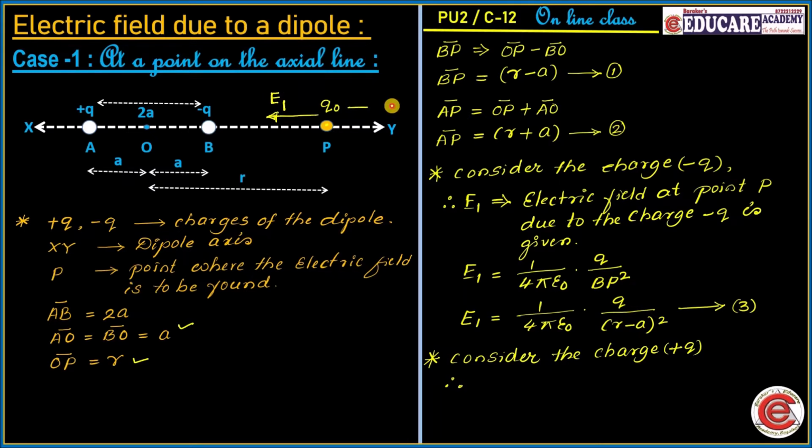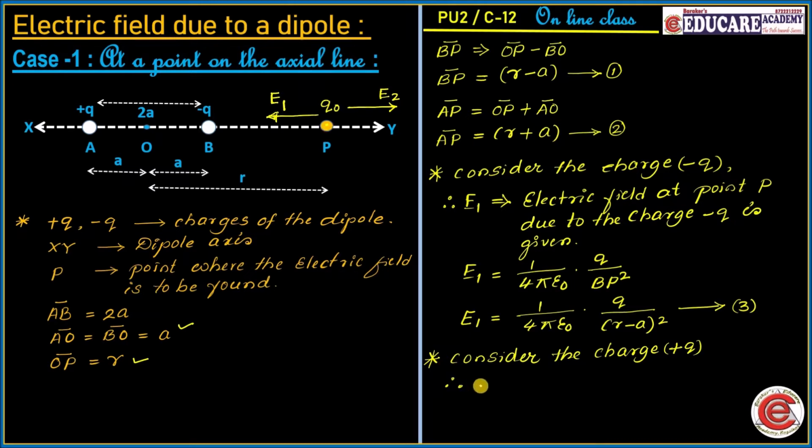The electric field at point P due to the charge plus Q will be in the direction of the force experienced by the test charge due to plus Q, right? Therefore, the electric field due to the positive charge is given in this particular direction. It is away from point P.